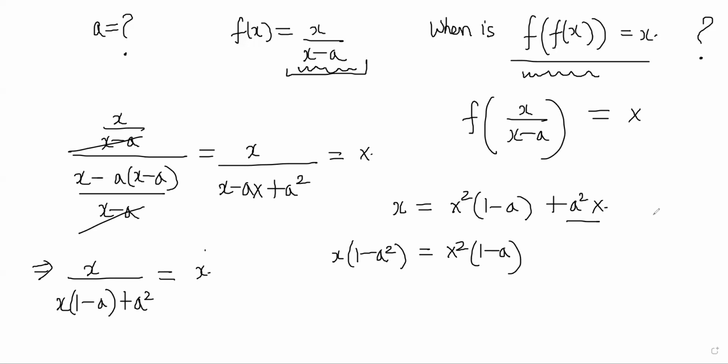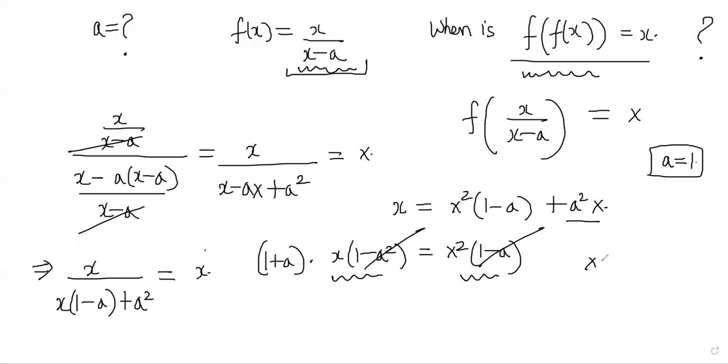And one possibility is a is equal to 1. A is equal to 1 will clearly satisfy, both sides are equal, because both sides will become 0. If a is not equal to 1, you can cancel this factor off, and this will be 1 plus a, and you will get x(1 plus a) minus x squared is equal to 0.